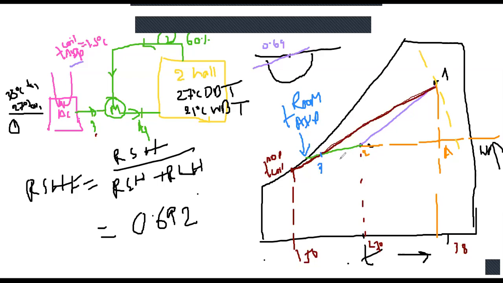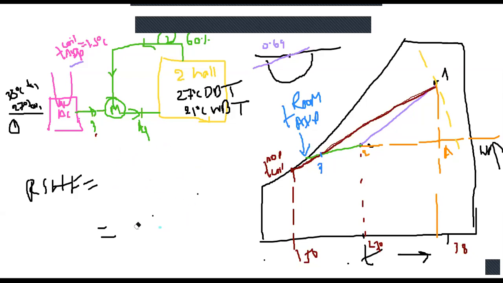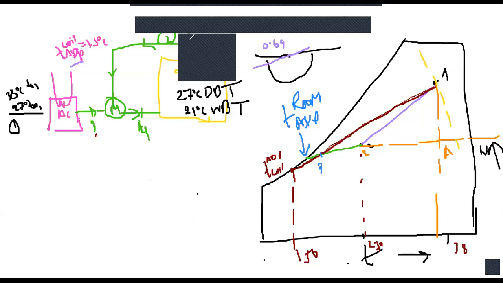Okay, here now we have to calculate the point 4, that means the supply point. How do we calculate this? We get point 3 as the intersecting point of this line and this line.